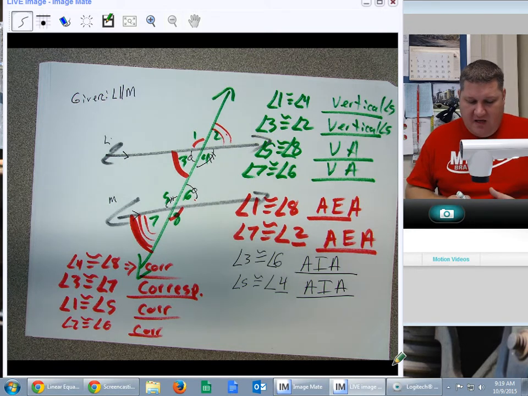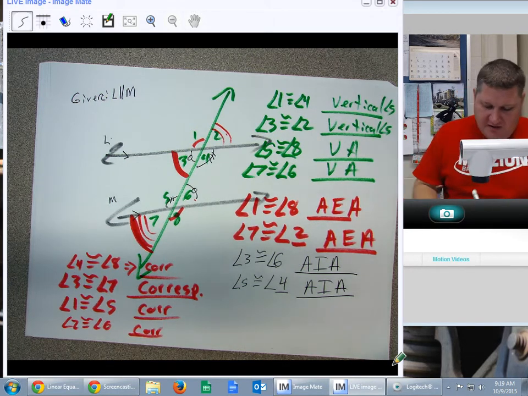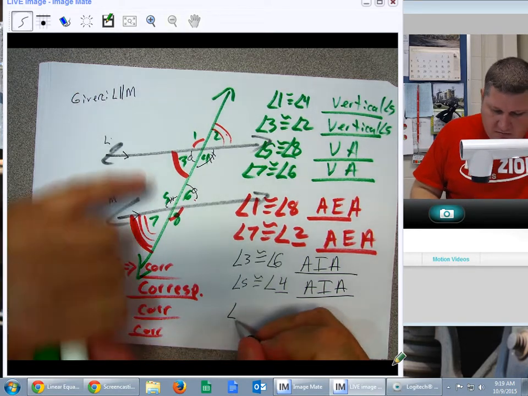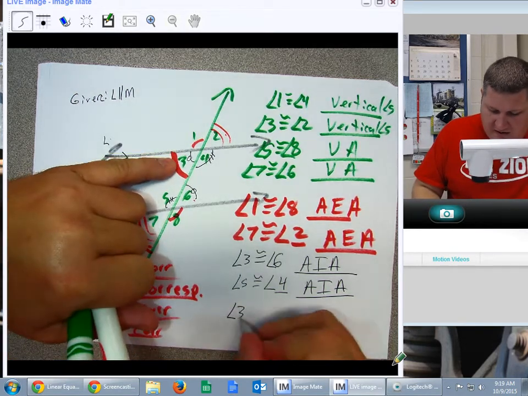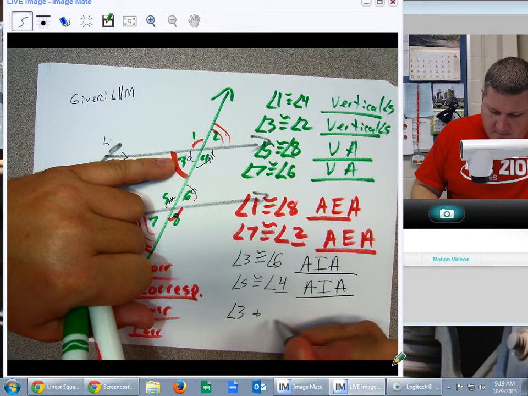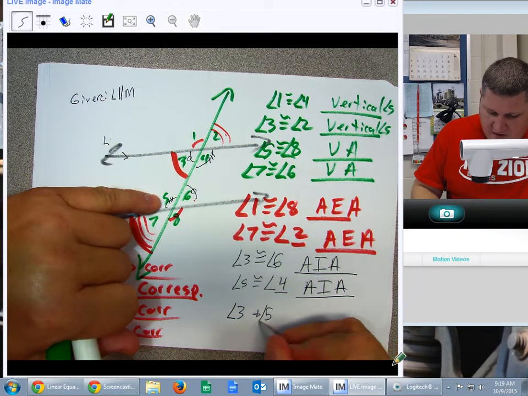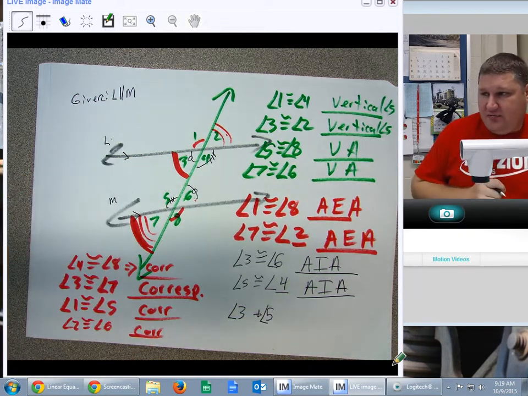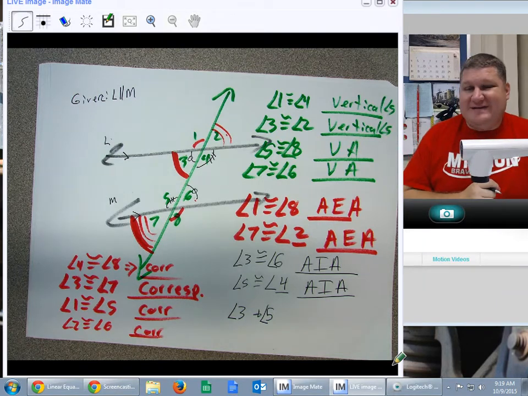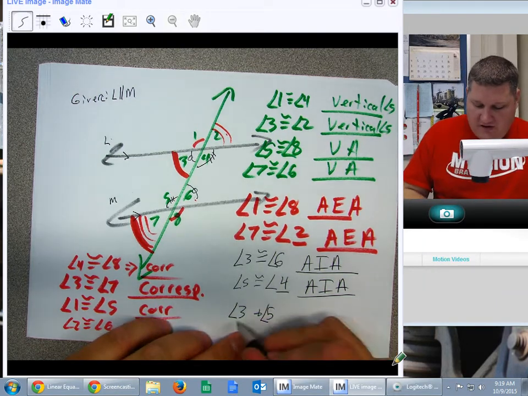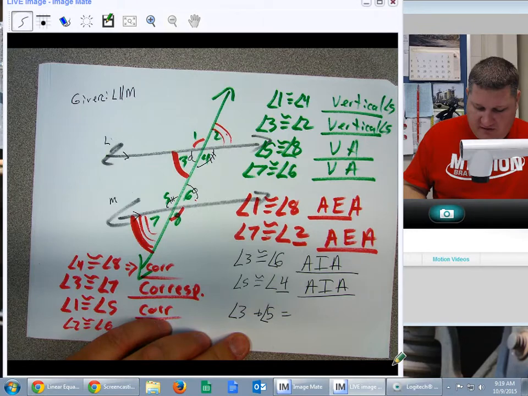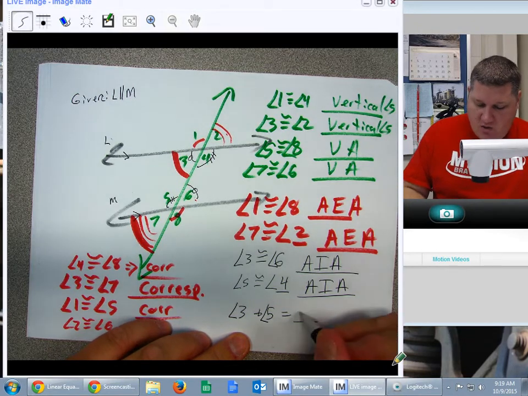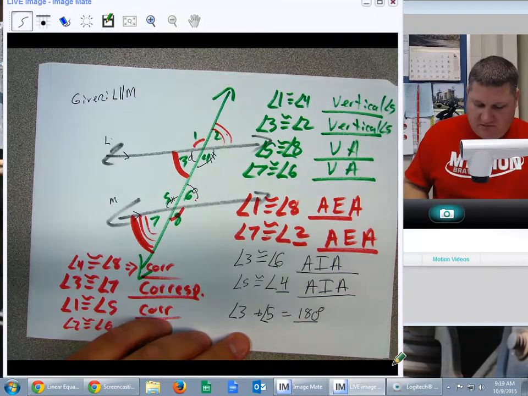Now, the last things that we need to talk about is angle 3 and angle 5. What do you think is true about angle 3 and angle 5? I'll tell you now, it is not congruent. What does angle 3 and angle 5 equal? 180 degrees.